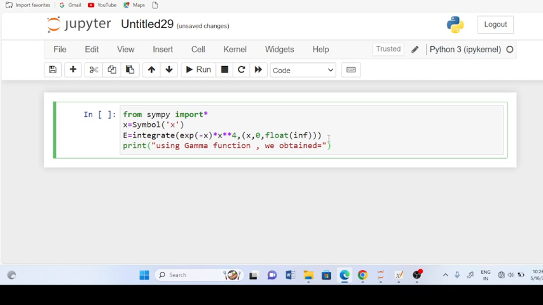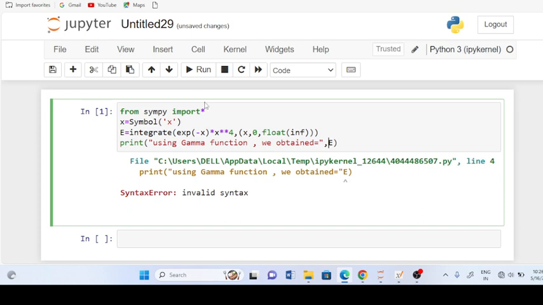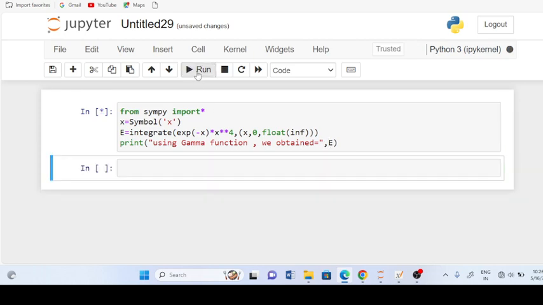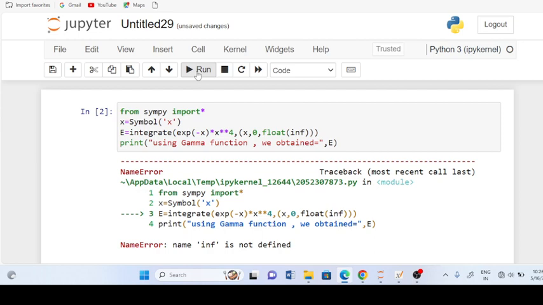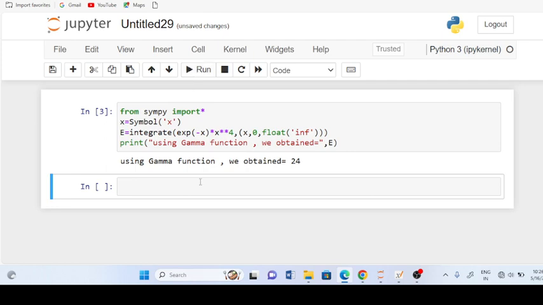So we check the answer. So here we must put a comma. So here infinity is not defined, so we give it in terms of float in single quotation. Now we check. So here we are getting the answer using gamma function. We obtained the integral as 24.